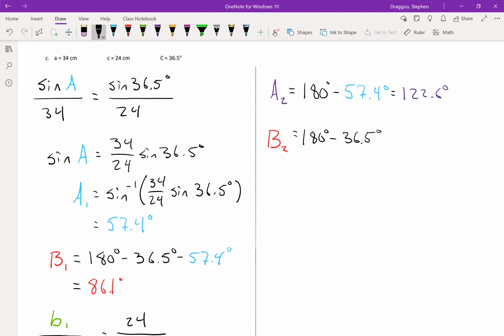Everything that's been written down in black was all of the given information, and that stuff doesn't change. This time, instead of subtracting 57.4, we'll subtract 122.6. And as a result, we get that angle B is equal to 20.9 degrees.